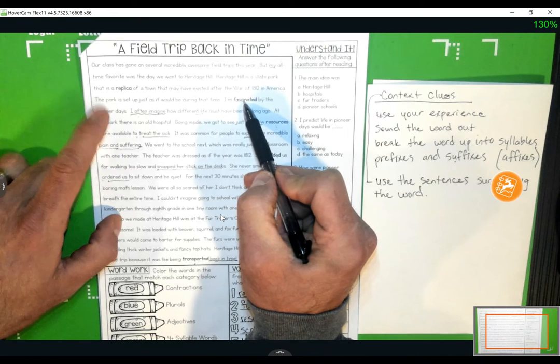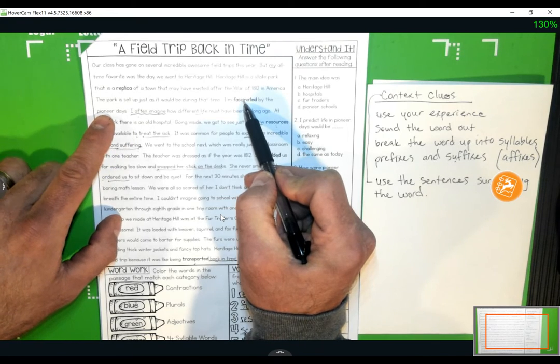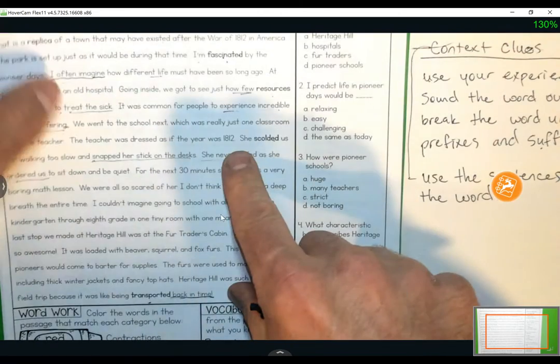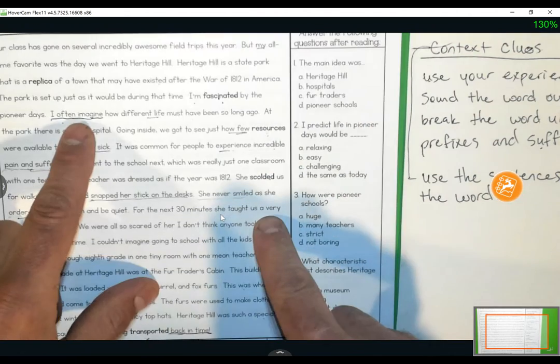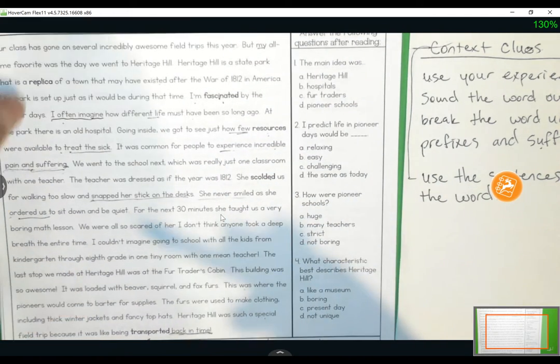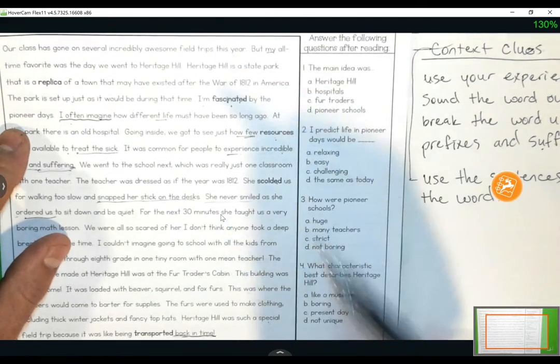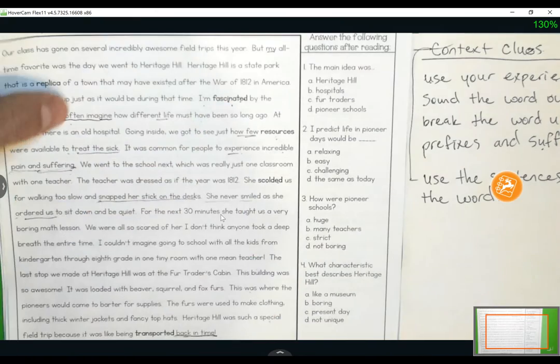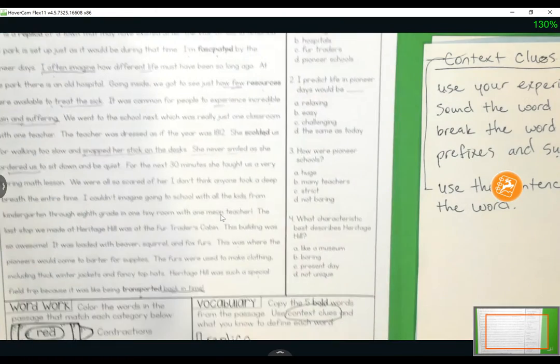So I'm fascinated by the pioneer days, and because of that, I often imagine. If I'm often imagining something about a topic, in this case pioneer days, I'm probably fascinated by it. If I'm fascinated by it, it captures my attention, okay?